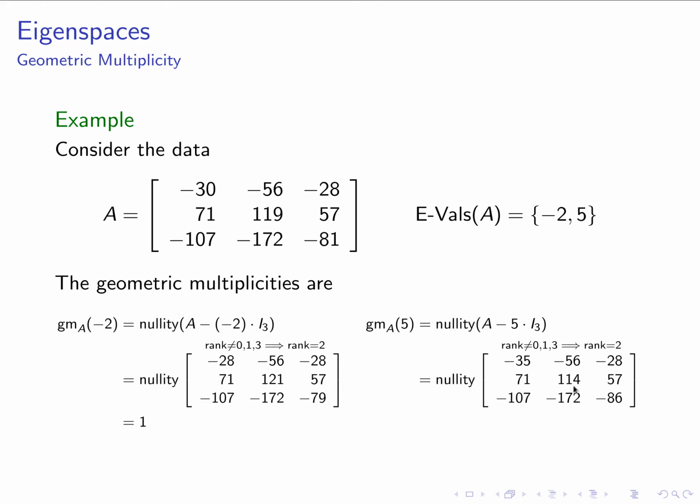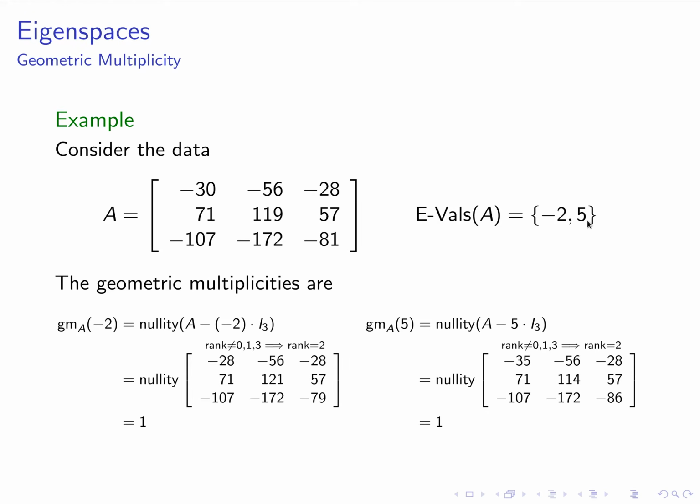So this once again forces the rank to be equal to 2, and a 3 by 3 matrix with rank equal to 2 has to have nullity equal to 1. So in this example, we have a 3 by 3 matrix with 2 eigenvalues that have been handed to us, and we just calculated both of the geometric multiplicities. In this example, both geometric multiplicities are equal to 1.